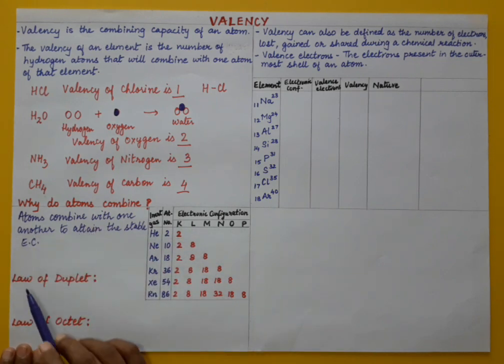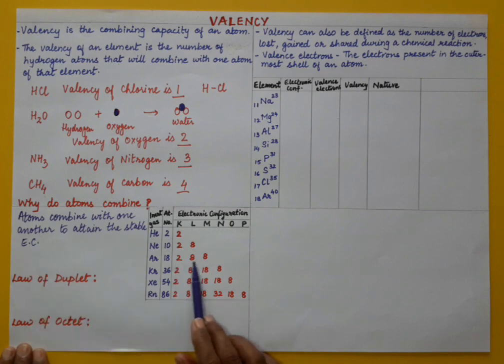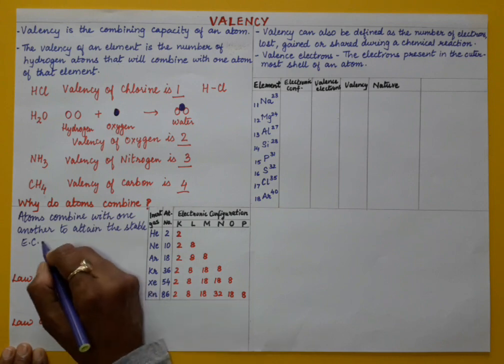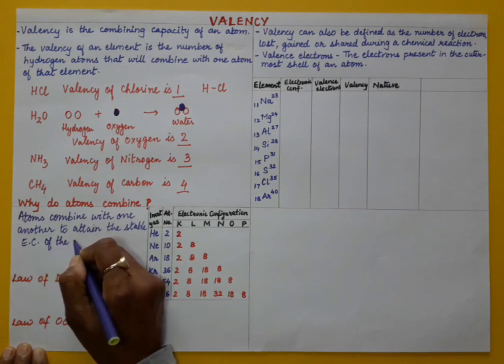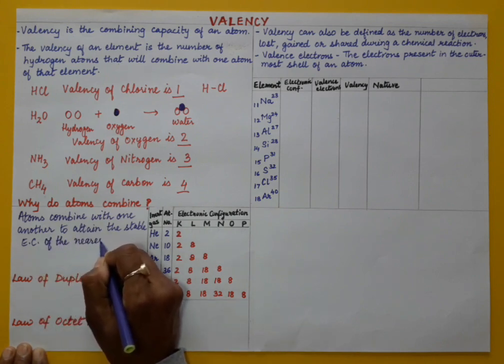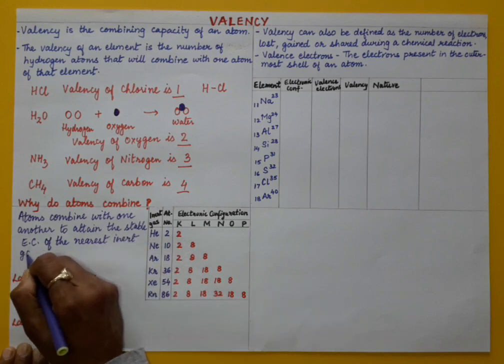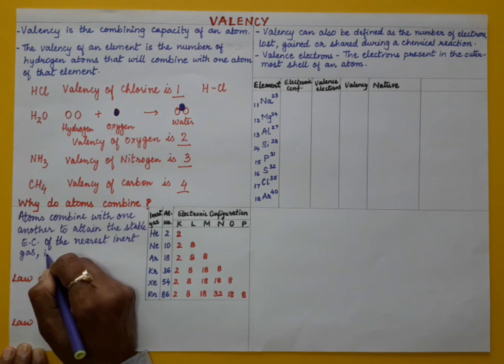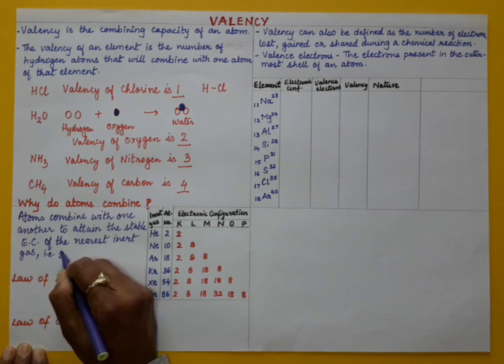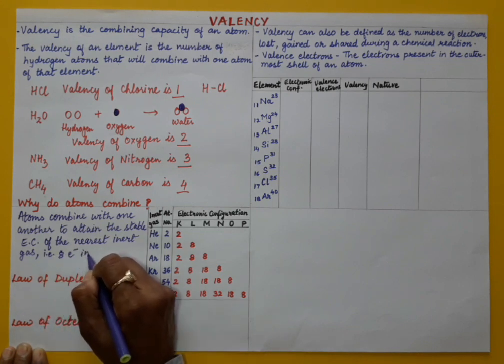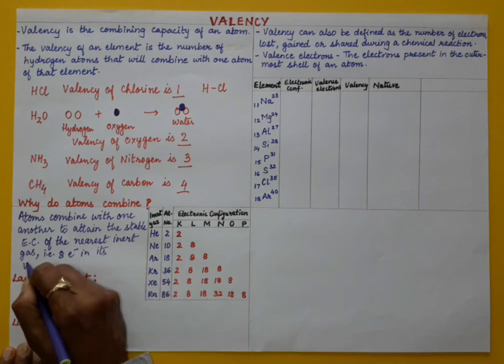You know that electronic configuration is the arrangement of electrons in different shells. So atoms combine to attain the stable electronic configuration of the nearest inert gas, or you can call it a noble gas, right? That is, they have to attain 8 electrons in the valence shell.